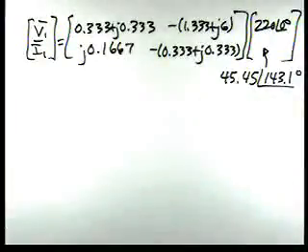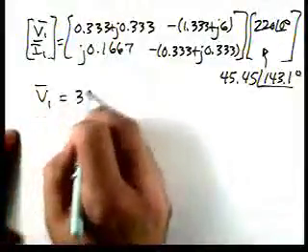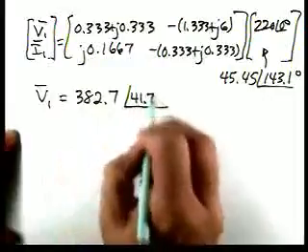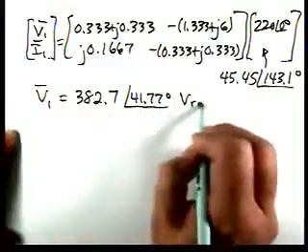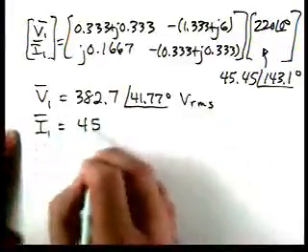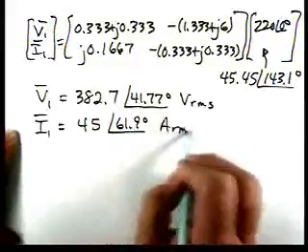If we go through and calculate, V1 turns out to be 382.7 at an angle of 41.77 degrees volts RMS. I1 is 45 at an angle of 61.9 degrees amps RMS.